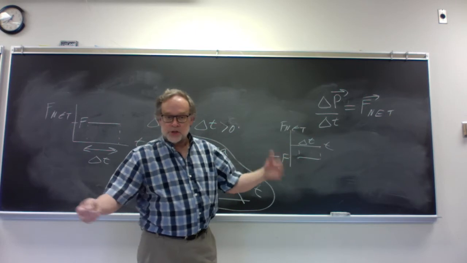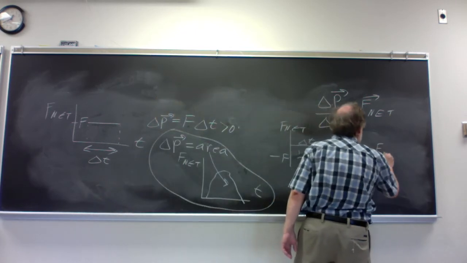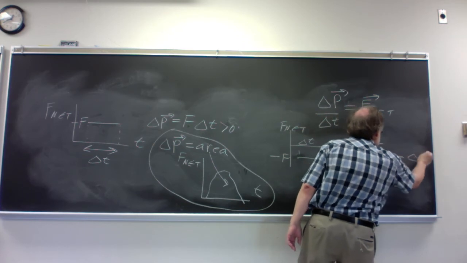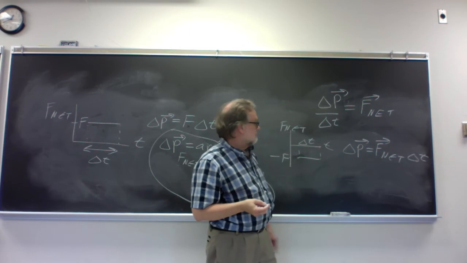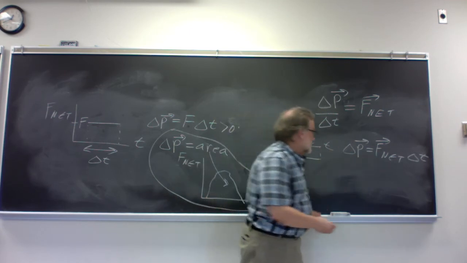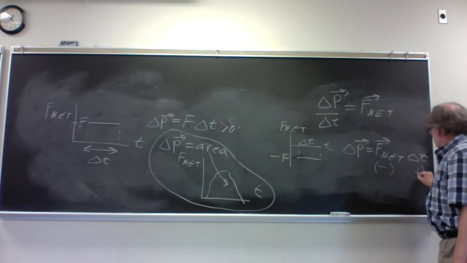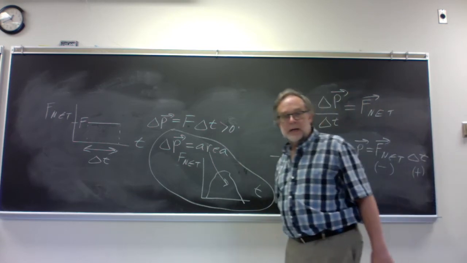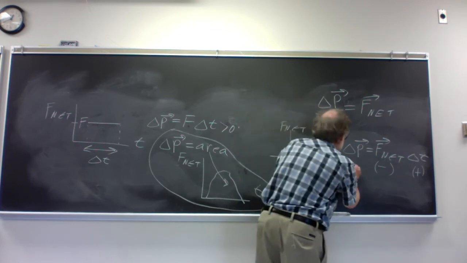Well, it's still the case, it's always the case, that change in momentum is net force times the length of time that net force is applied. In this example, net force is a negative number. Length of time, by definition of length, is a positive number, so the momentum change is negative.